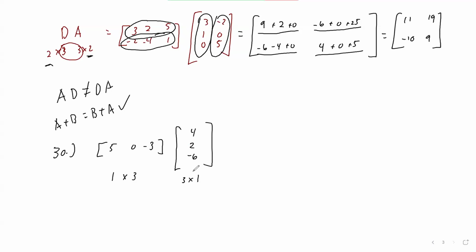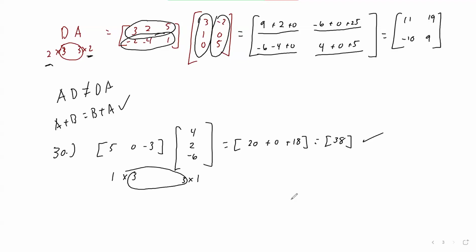It's 3 rows, 1 column. It can be multiplied, and my answer is going to be a 1 by 1. So 5 times 4 is 20, plus 0 plus 18 gives me the answer of 38. One row by one column.